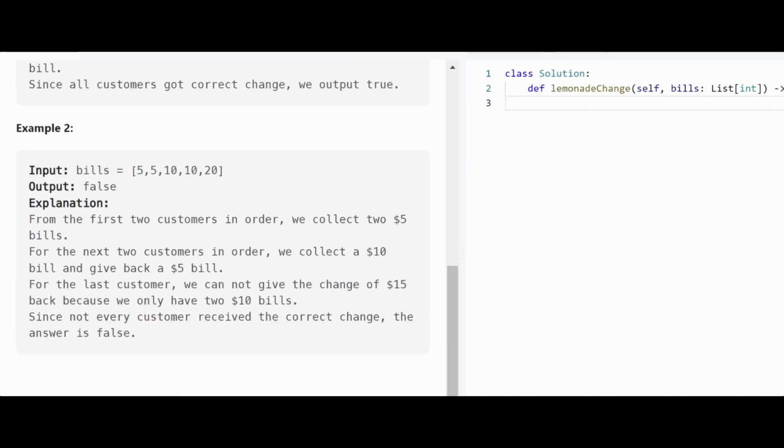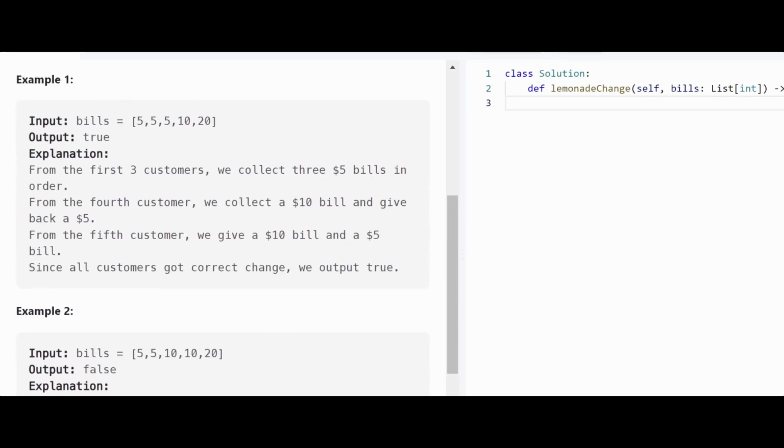All right. So the question is pretty straightforward, and the question revolves around the greedy approach. Let's take this example, where bills is equal to 5, 5, 5, 10, and 20, right?